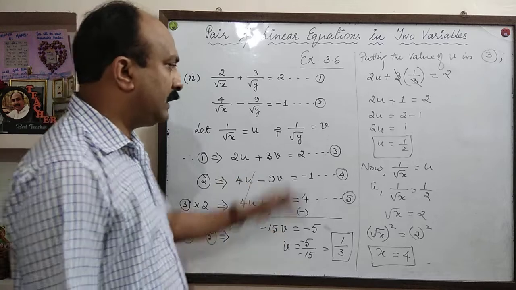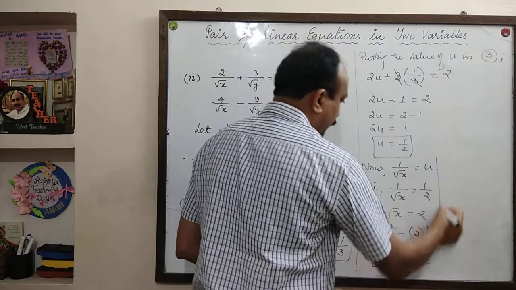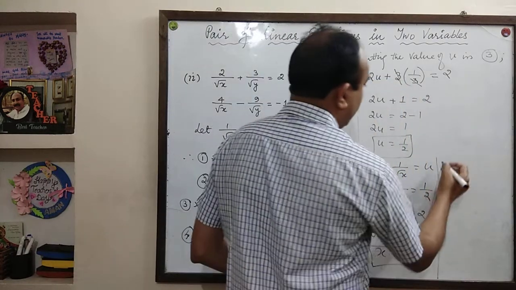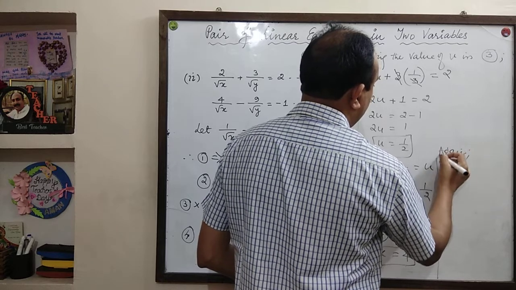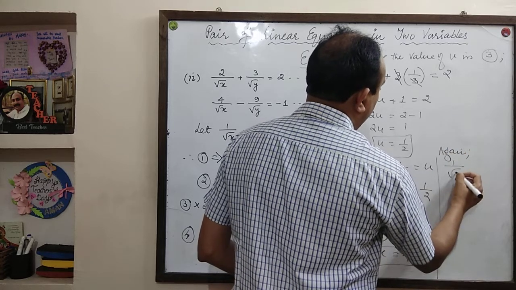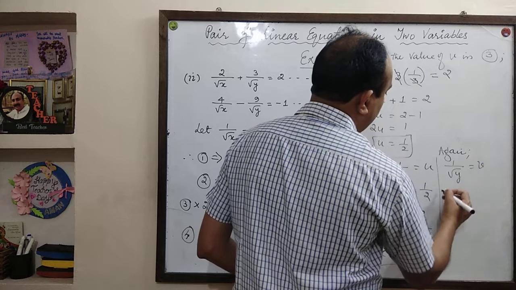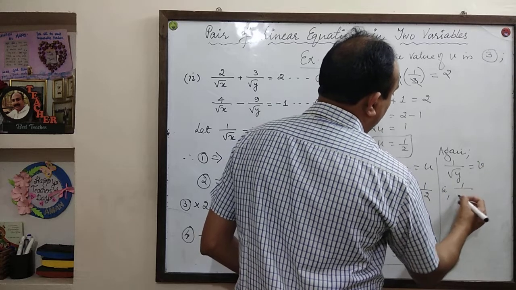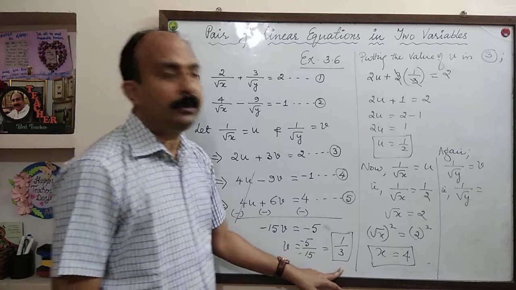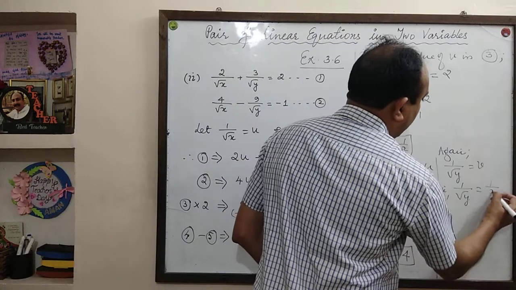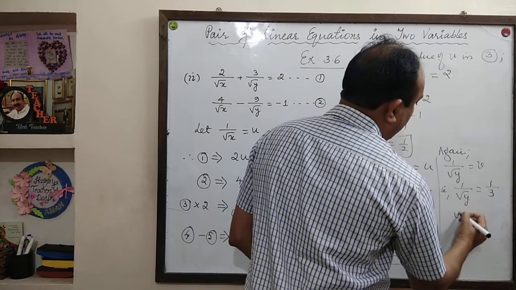In the same way we will get the value of y. Again, 1 upon root y is equal to v, that is 1 upon root y is equal to the value of v, which is 1 upon 3. 1 upon 3, cross multiply.